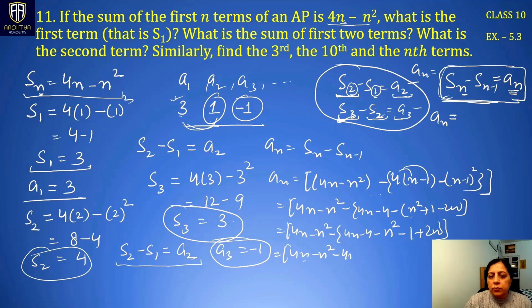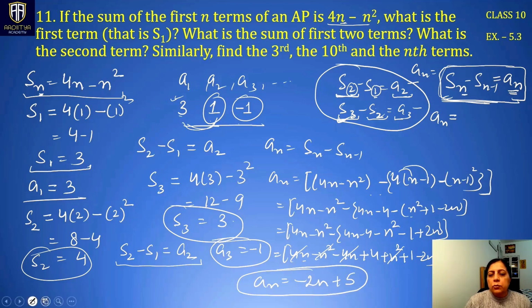This is minus 4n plus 4 plus n square minus 1 plus 2n. 4n minus n square plus n square. So here we are left with minus 2n, then we have plus 4n, plus 1, that is 5. So the value of an comes out to be minus 2n plus 5.